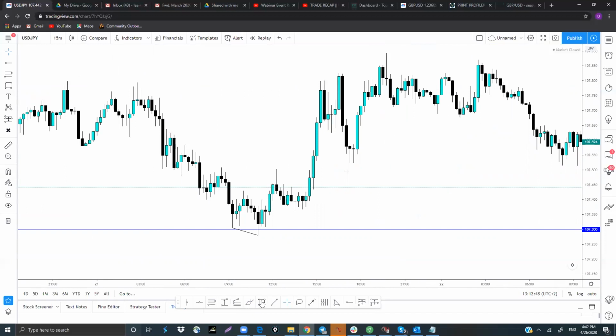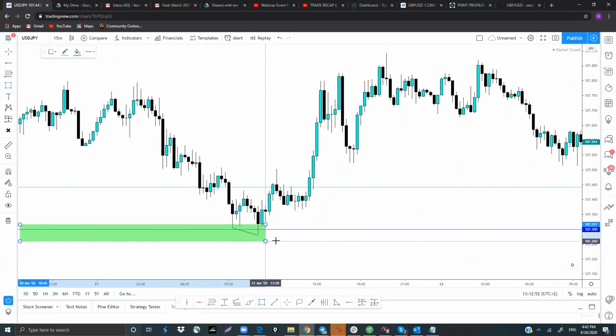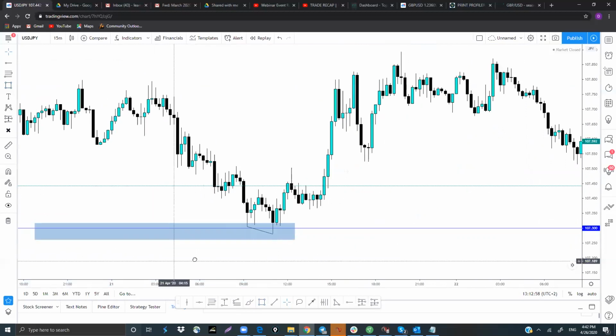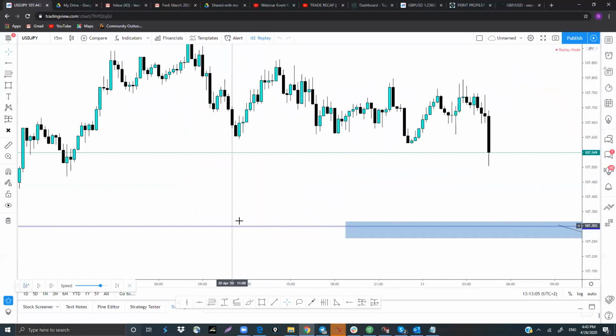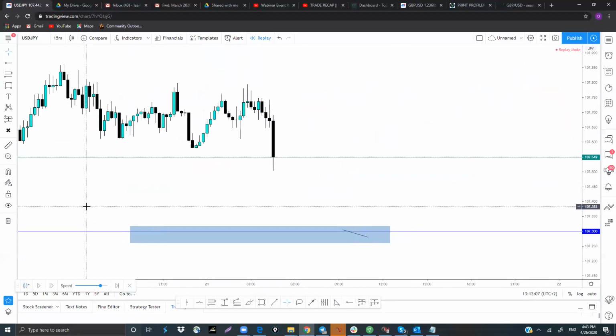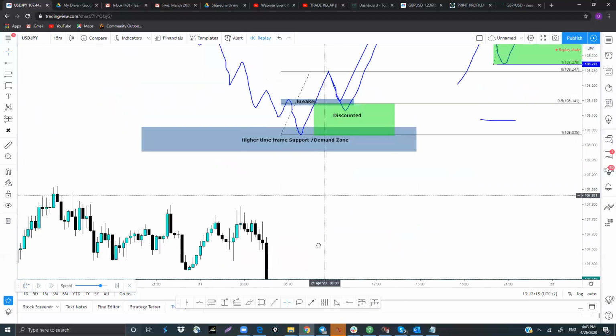For example, you have already marked this area as a very good supply, good demand zone, and you haven't seen the market. We don't know yet what will be happening in future. So let's play this market in replay mode and check what I was trying to discuss in this theory.